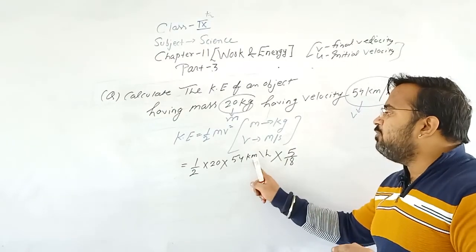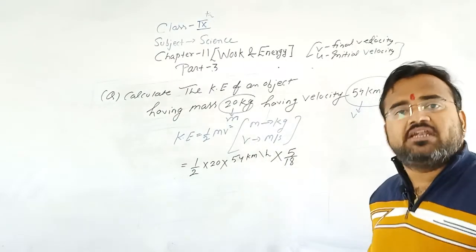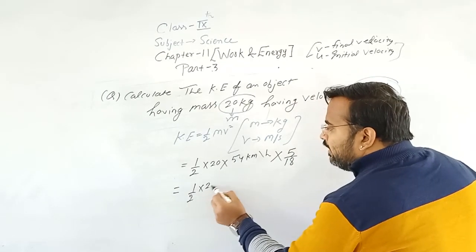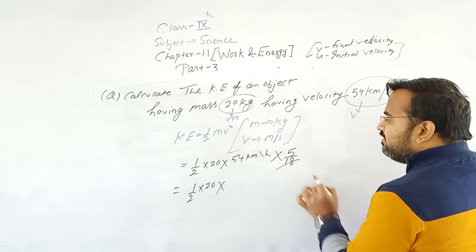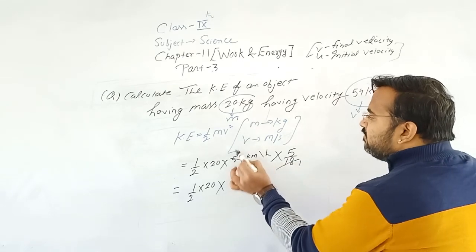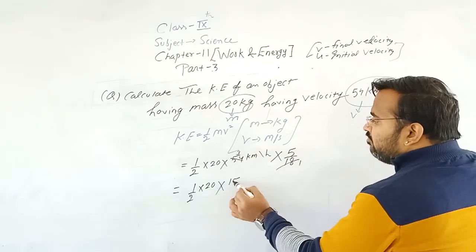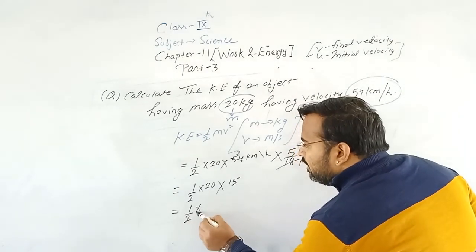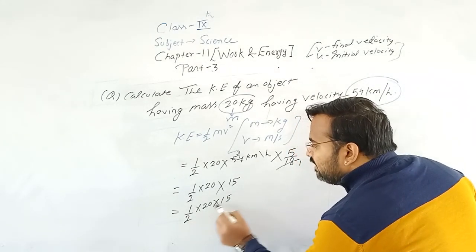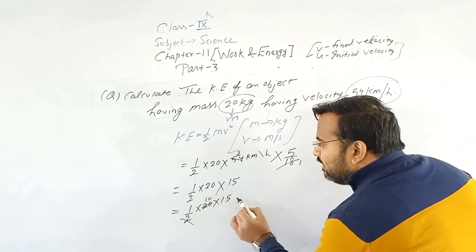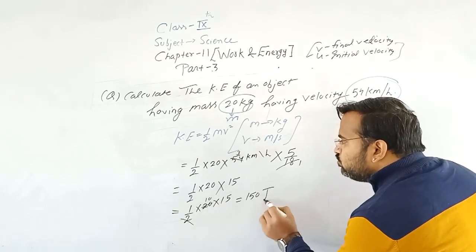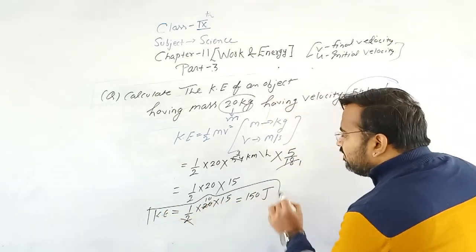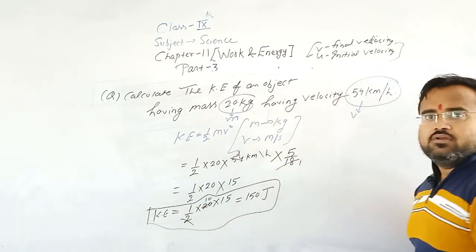So we do the calculation: 1 by 2 into 20 into, now see, 18 ones are 18 and 18 threes are 54, 3 fives are 15. So this is half into 20 into 15, 2 tens are 20, so this is 150 joule. The kinetic energy of the object is 150 joule.